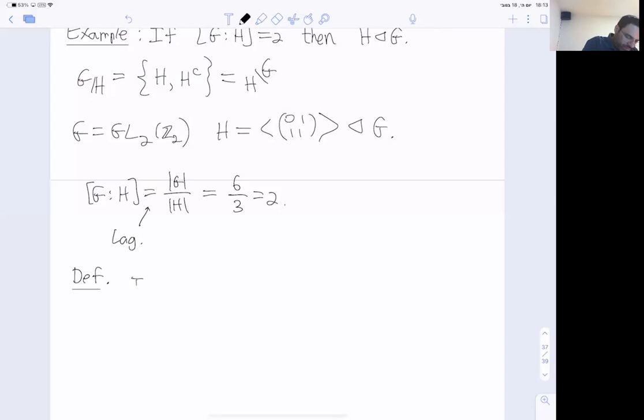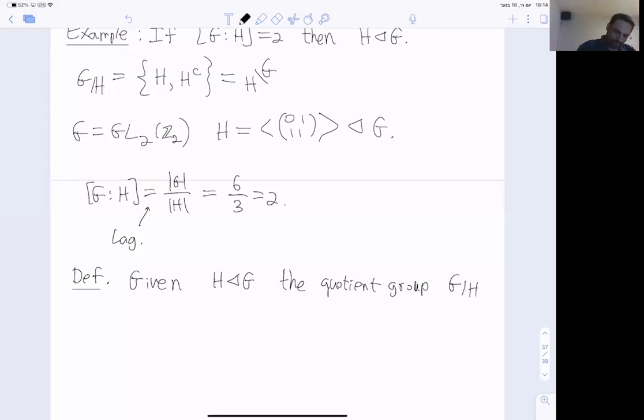Okay. So definition. Given a normal subgroup H of G, the quotient group, so now we don't call it quotient set, we call it quotient group, contains cosets.